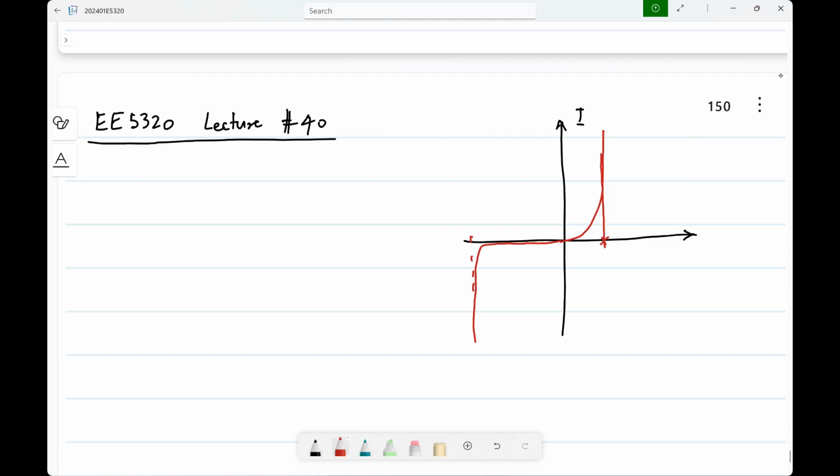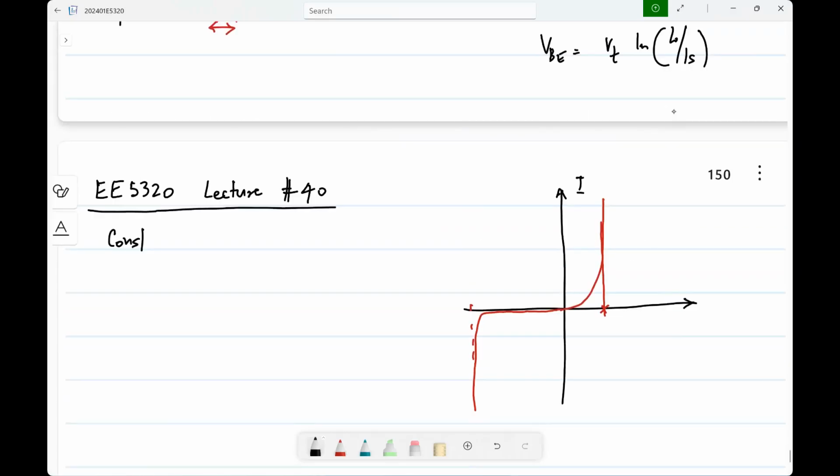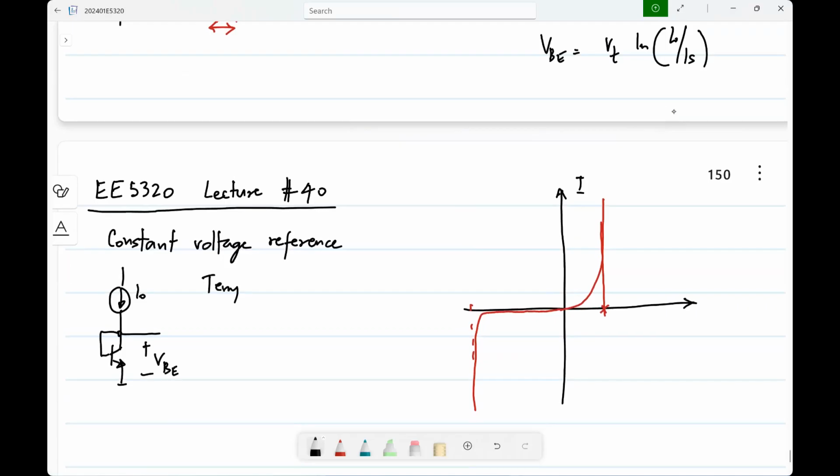Now, the thing is, if we do use something like this, it is roughly constant at 0.7 volts, but the temperature coefficient is about minus 1.8 millivolts per degree Celsius.